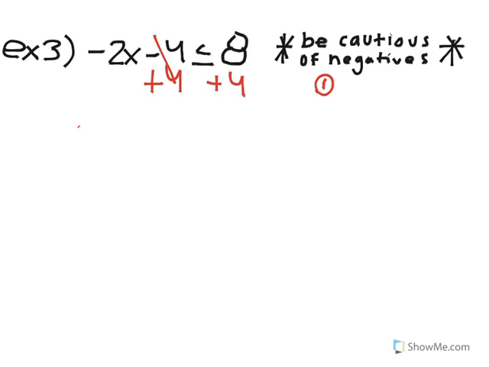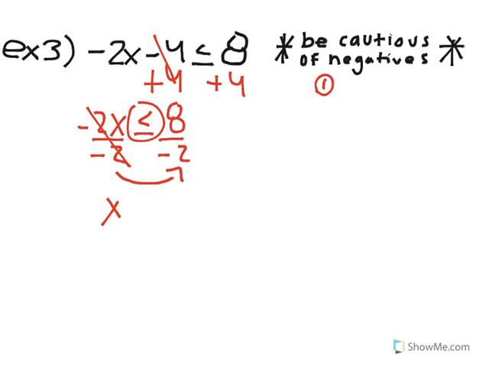Those cancel, so negative 2x is less than or equal to 8. Divide by negative 2. Divide by negative 2. You see how we kind of go across the equation side when we divide by negative 2? How it goes across to both sides? That means we have to flip this sign. So x is now going to be greater than or equal to -4.